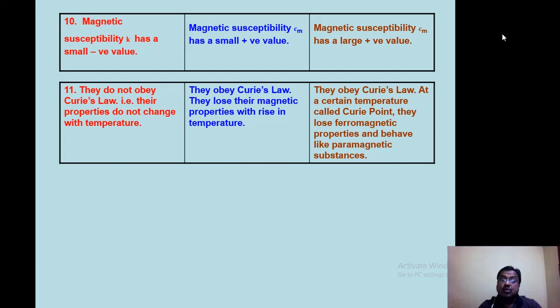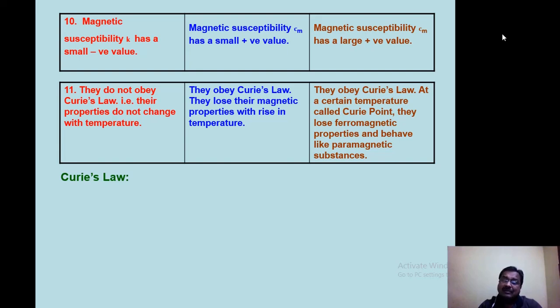Paramagnetic substances obey Curie's law, that is, susceptibility is inversely proportional to temperature. With the increase in temperature, susceptibility decreases and they lose their magnetic properties. Same thing happens for ferromagnetic substance. At a particular temperature called the Curie point, they lose ferromagnetic behavior and become paramagnetic.